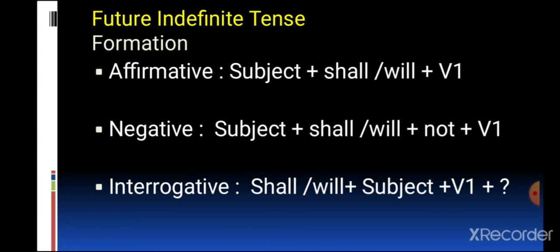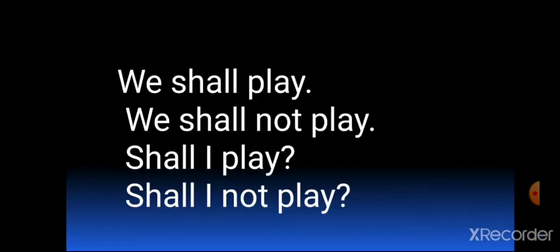First of all, write down the subject, then the helping verb shall or will according to the subject, then the first form of the verb. Then to form negative sentences, use subject plus shall or will, then not, then the first form of the verb. Then for interrogative sentences, use shall or will before the subject. Okay, use shall or will, then the subject, then the first form of the verb. Like this, students, we can frame the sentences.